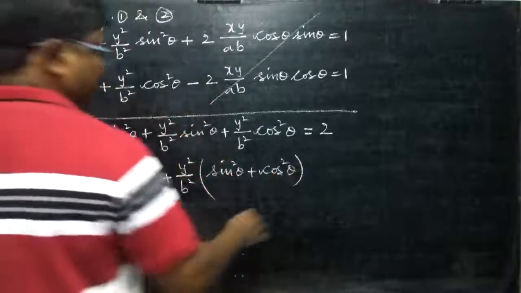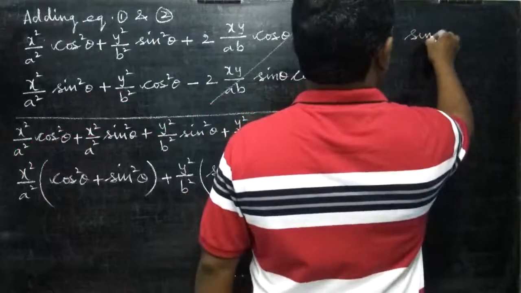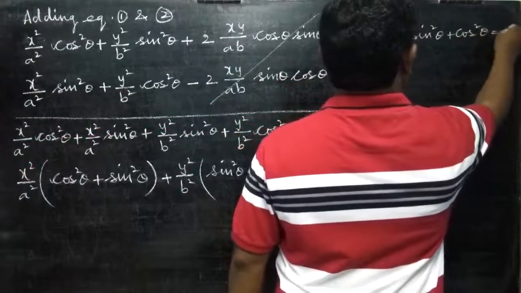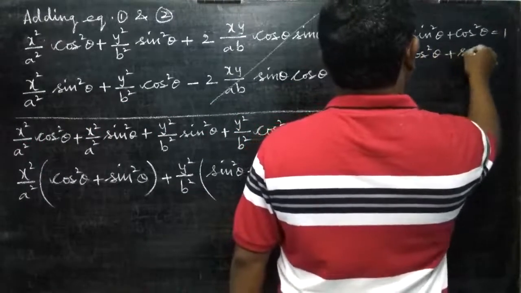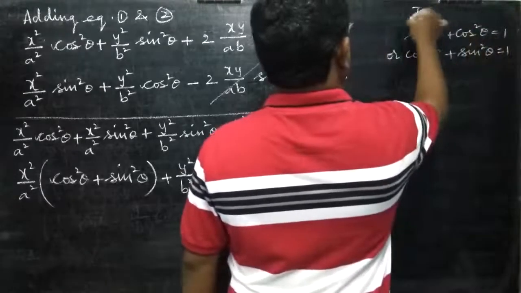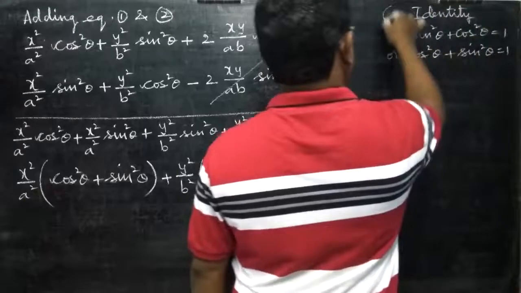What is this? This also is an identity, is equal to 2, don't forget. Sin square theta plus cos square theta is equal to 1, or cos square theta plus sin square theta. But I told while explaining itself, for plus no problem. This is an identity, not identities. One identity only.